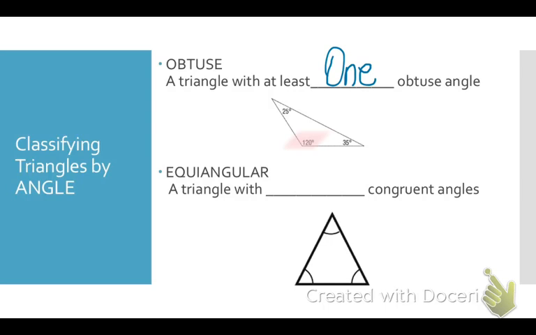An equiangular triangle is a triangle where all the angles are congruent. So a triangle with all congruent angles is called equiangular. And in our example, all of these angles are 60 degrees. So it is equiangular.